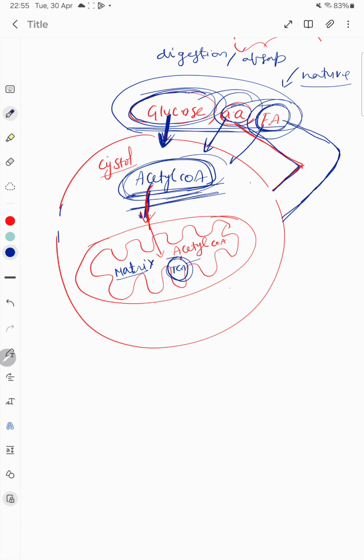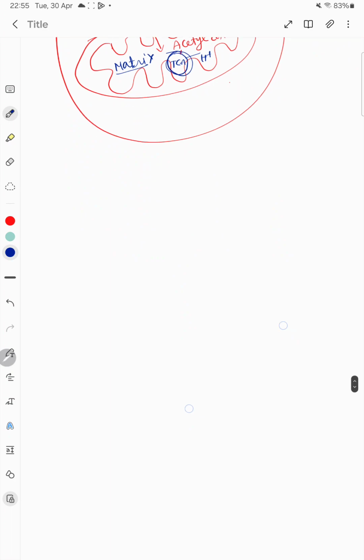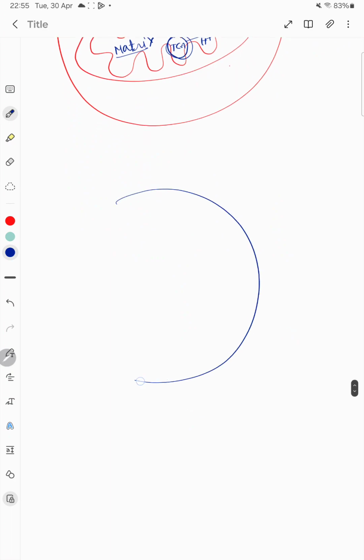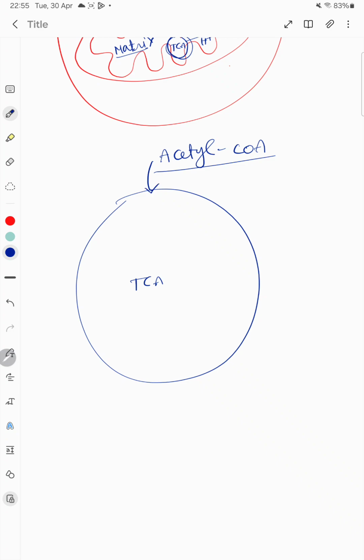At the end of the TCA cycle, what do we get? After we crush up the acetyl CoA, we get H plus ions. I am just showing the TCA cycle separately here. So this is a TCA cycle where acetyl CoA got completely oxidized. So the term is oxidation, acetyl CoA oxidation through the TCA cycle.